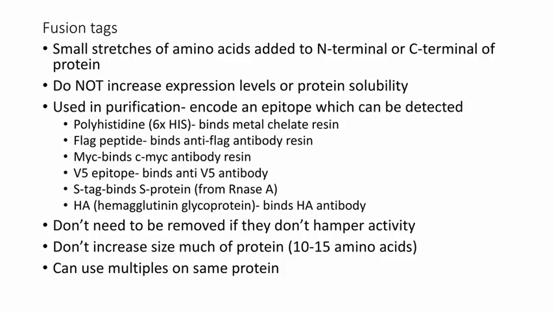And again, they can be added to either the amino terminal or the carboxy terminal. So if, for example, when your protein is being made, the amino terminal happens to be buried in the center of the protein and maybe is not accessible to being used to bind it to a resin, you say, oops, well, let me try the carboxy terminal and see if that works better. So you might have to do it a couple different ways to make sure.